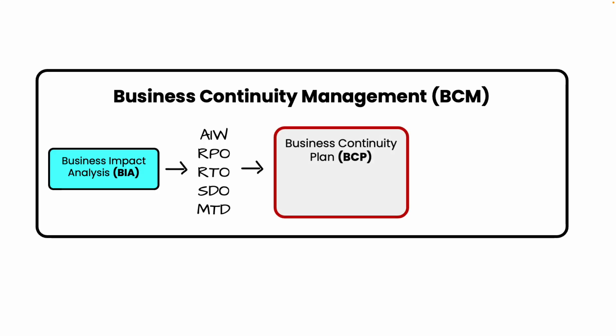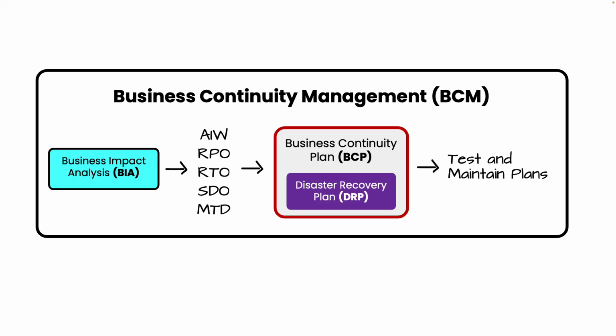The business continuity plan is the overall plan for the business, for business resilience. Within the business continuity plan exists the disaster recovery plan, which focuses on the technology that supports those larger business critical services and processes. And then we have to test and maintain these plans over time.